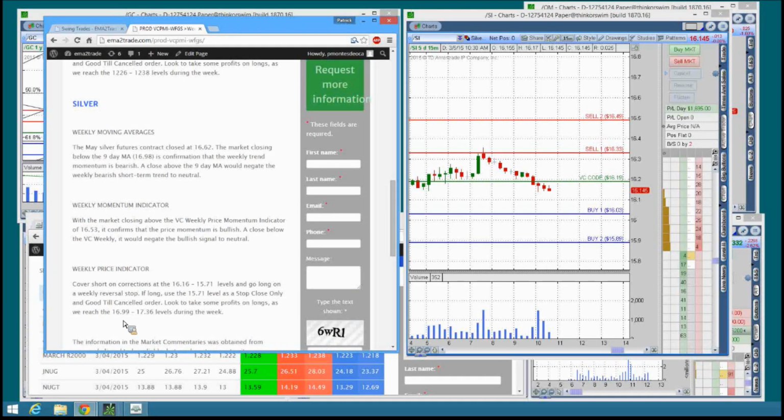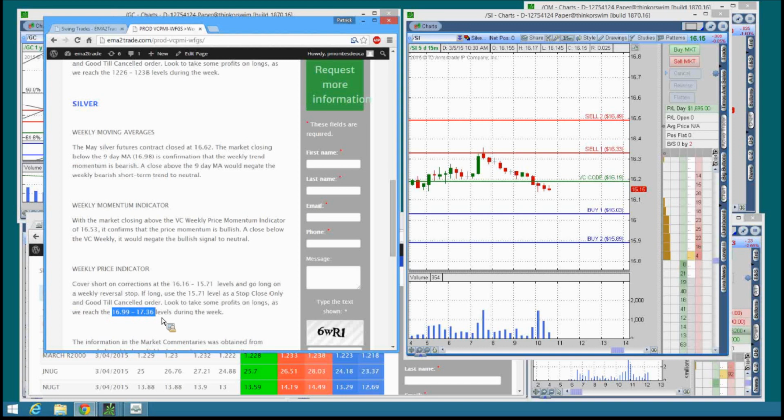It's also telling us that if we do go long at these levels, first of all, use the 1571 as your stop, and look to take profits starting at 1653, 1699, and 1736 on the upper end of resistance for the rest of this week and for the coming week.